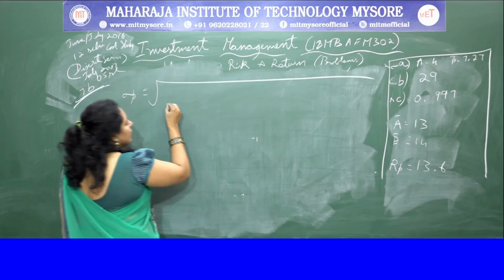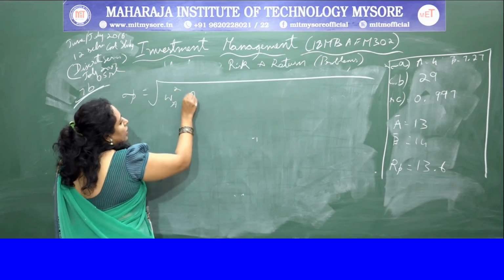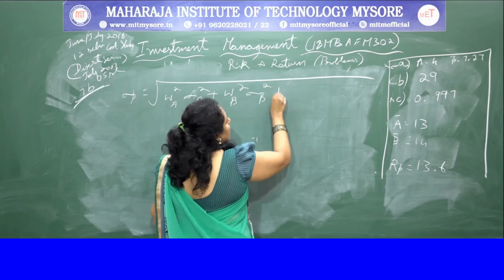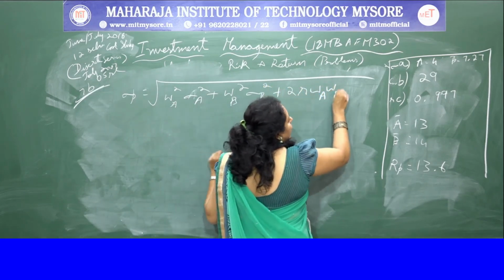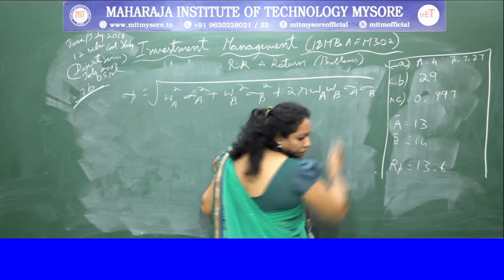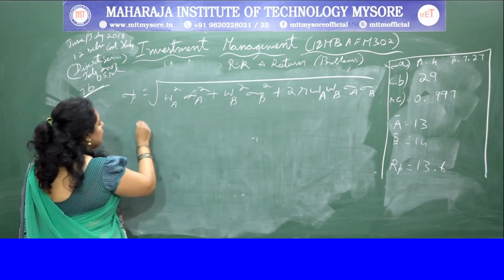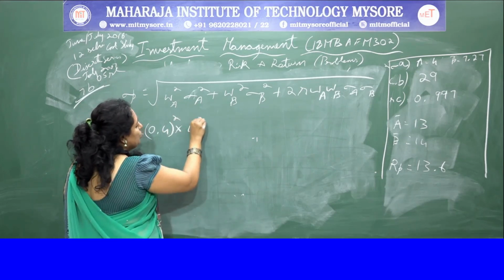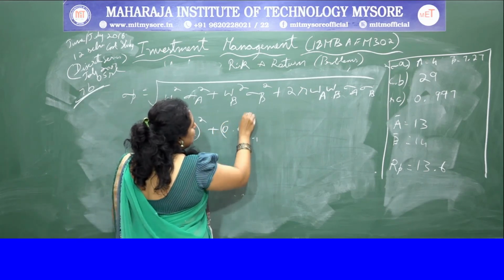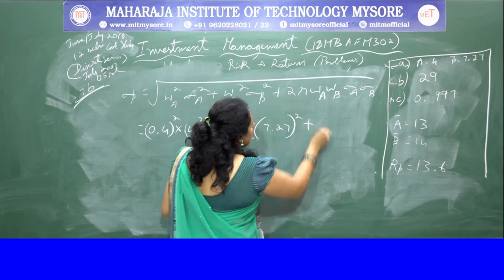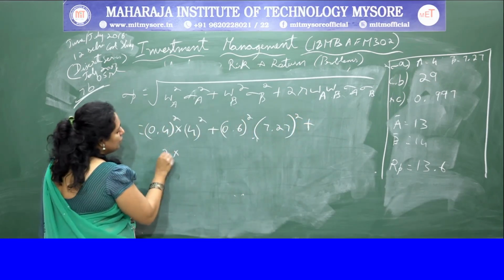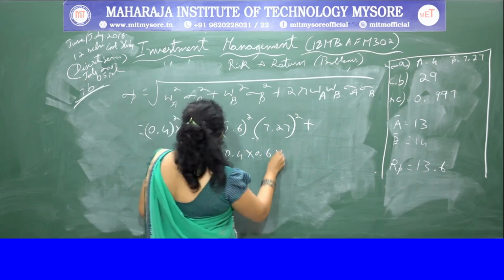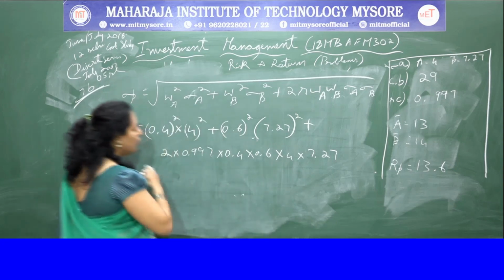Root of the same formula: weight A square, standard deviation A square, plus weight B square, standard deviation B square, plus 2 into R into weight A into weight B into standard deviation A into standard deviation B. To substitute the values: 0.4 square into standard deviation 4 square, plus 0.6 square into 7.27 square, plus 2 into R, which is 0.997, into 0.4 into 0.6 into 4 into 7.27. So I have written the whole data.